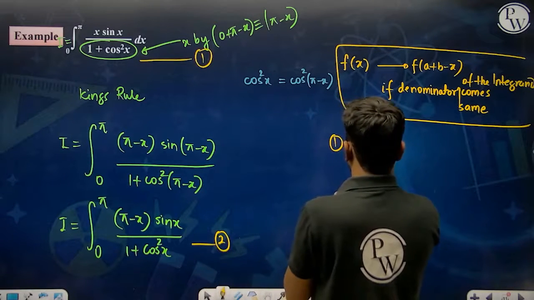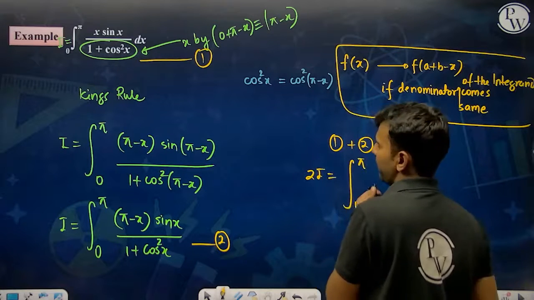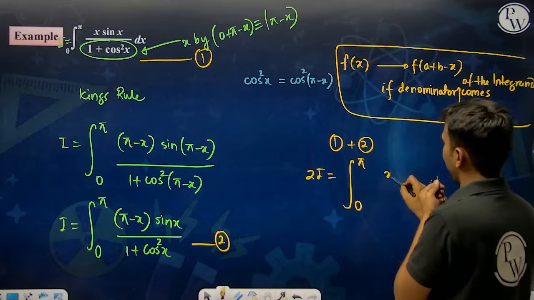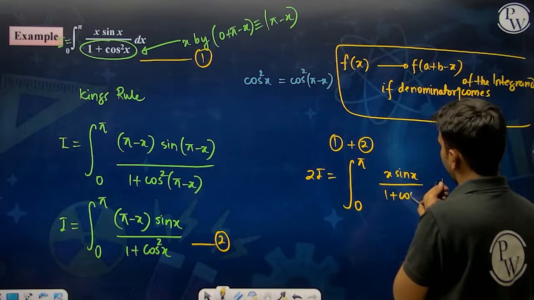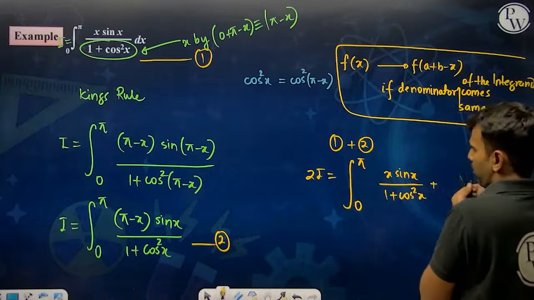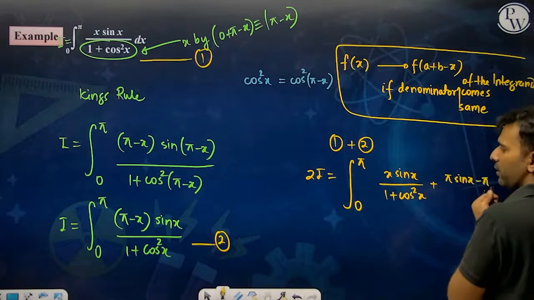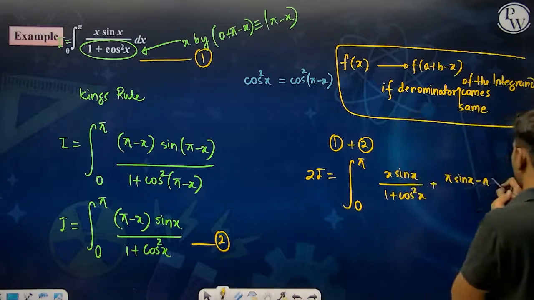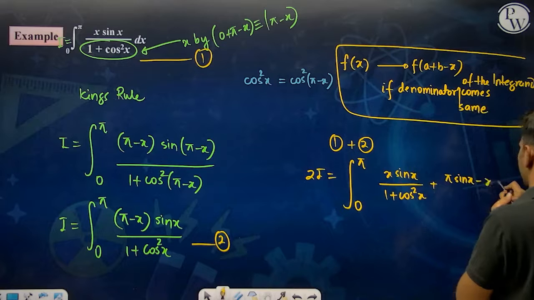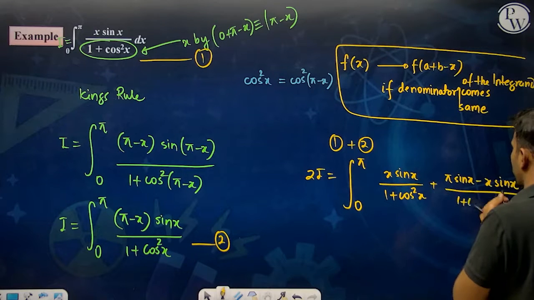Something good is going to happen. 2I is going to have the same limits, so we can combine the two integrands and write down x sine x upon 1 plus cos square x plus pi minus x times sine x upon 1 plus cos square x dx.